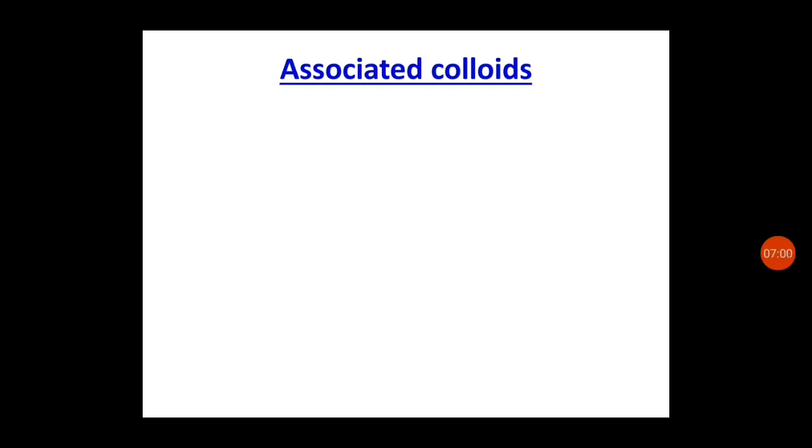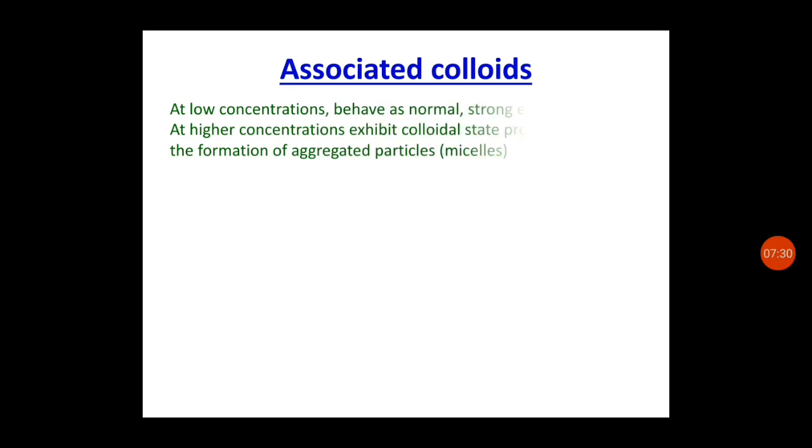Then we have associated colloids. See, in associated colloids also we have many molecules combined together, and in multimolecular also. But the difference is that in case of multimolecular colloids we have atoms combined together, but associated colloids are generally electrolyte solution which at a higher concentration and at a particular temperature only behave as associated colloids.